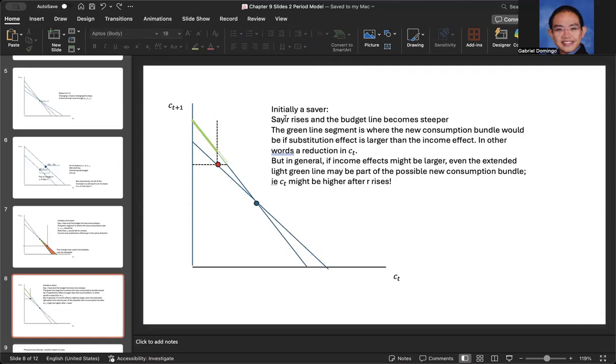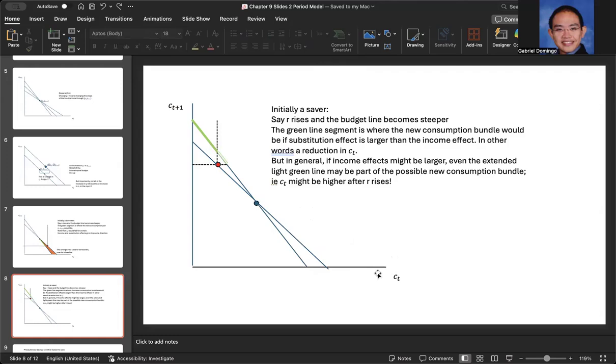But if your income effect is large enough, it's possible for you to be in this light green area here, or in this light green area, you'll see an increase in CT. Okay, so in this area here. So normally we will assume that the substitution effect is stronger than income effect, and you'll be here. So notice the substitution and income effect stuff only affects CT.